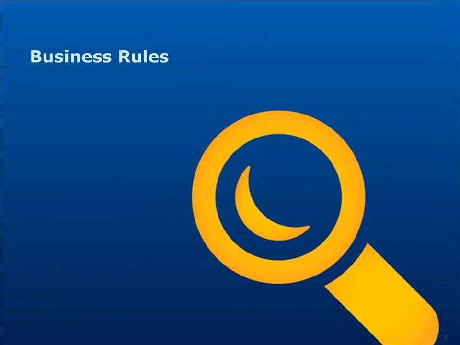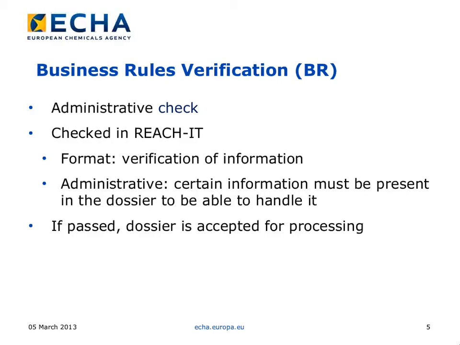As you already noticed in the previous slide, the first important step is the business rules step. What do you need to know about business rules? All the registration dossiers undergo administrative checks called business rules. The business rules step is a set of prerequisites that must be fulfilled before ECHA establishes that the dossier can be handled properly.